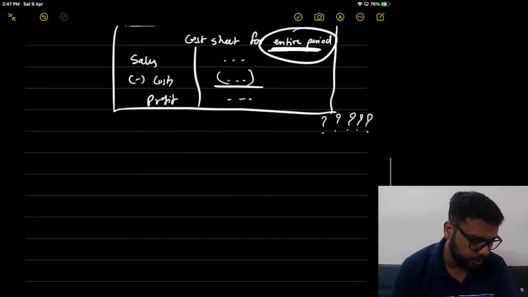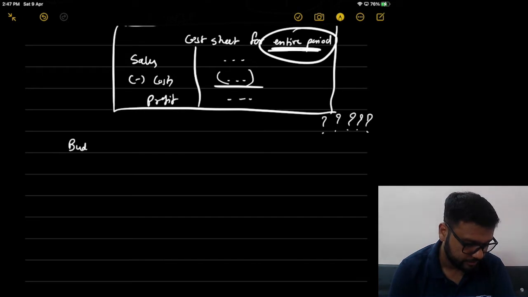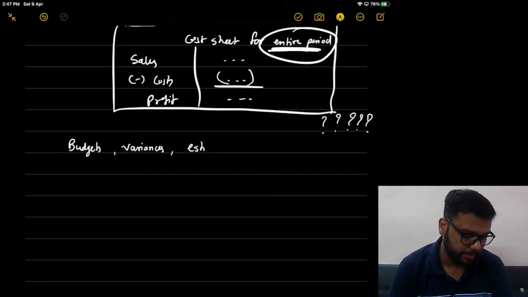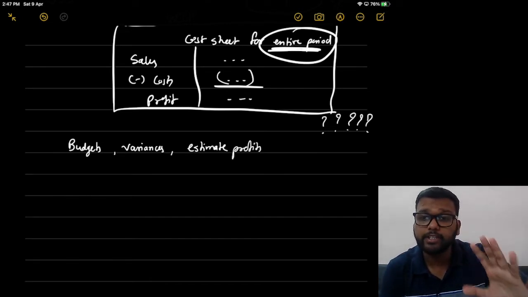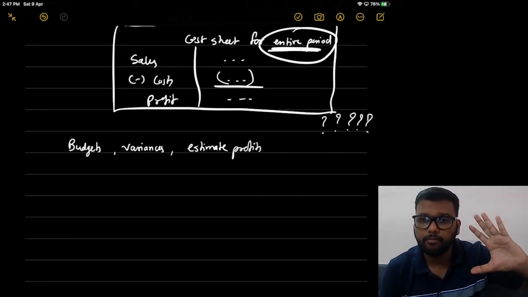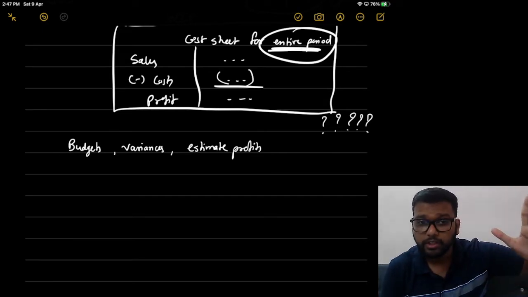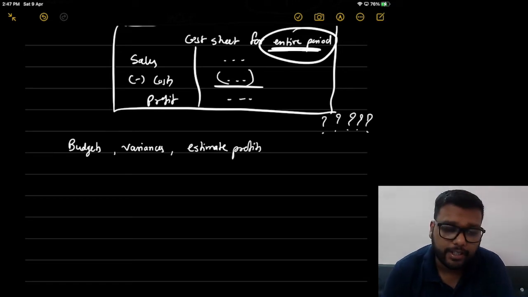Tell me, in costing do we also prepare budgets? Yes. Do we also calculate variances? Yes. We also estimate costs, we also estimate profits and so on, right? If we consider a case of a building, the cost is huge and there are a lot of uncertainties.